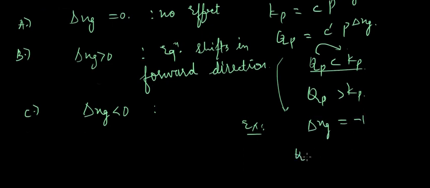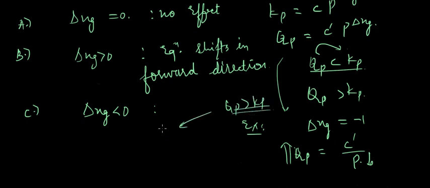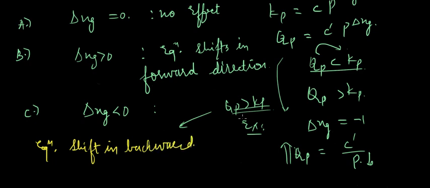If delta ng is -1, I will write Qp as C divided by P, and when pressure is decreasing, then Qp would be getting increased, hence Qp would be going more than Kp. So in this case, equilibrium will shift in the backward direction. And why would this be the case? Because so as to restore or get back the raised Qp value to the original equilibrium value.